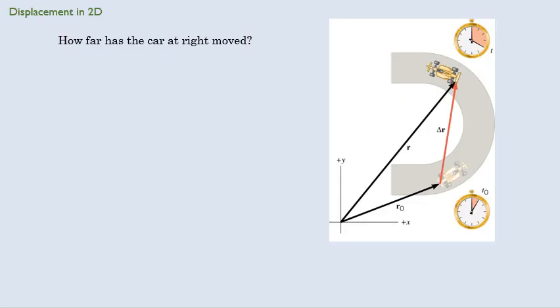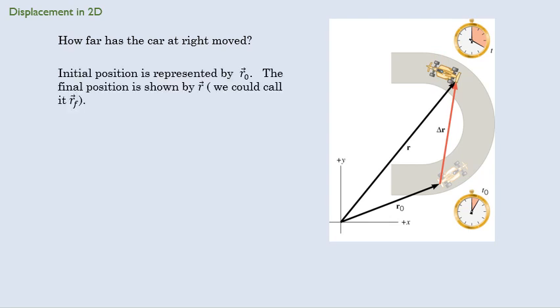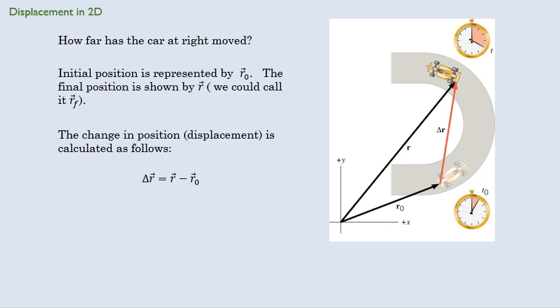So if we look at this image here on the right of our little race car going around its track, we can ask, like anything else, how far has the car moved? What is its displacement from its original position, R naught, to its final position, R or RF? The change in displacement is calculated the same way as we talked about it in kinematics, that is, as a subtraction.